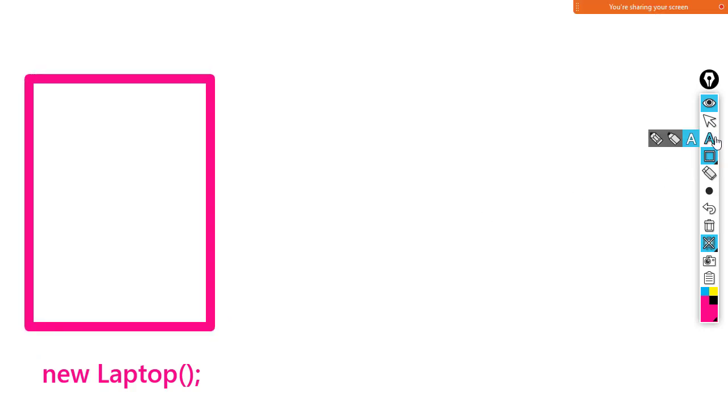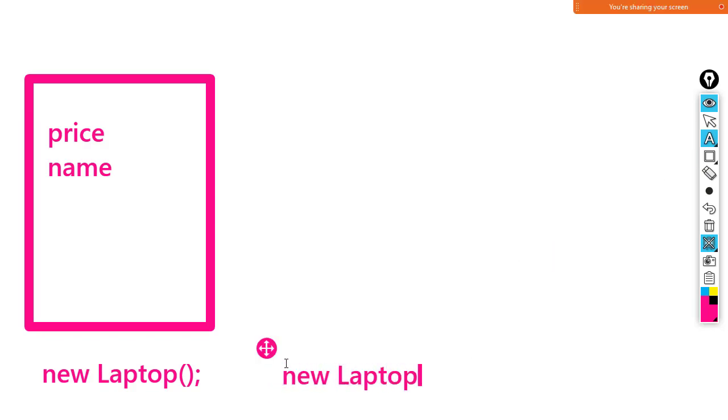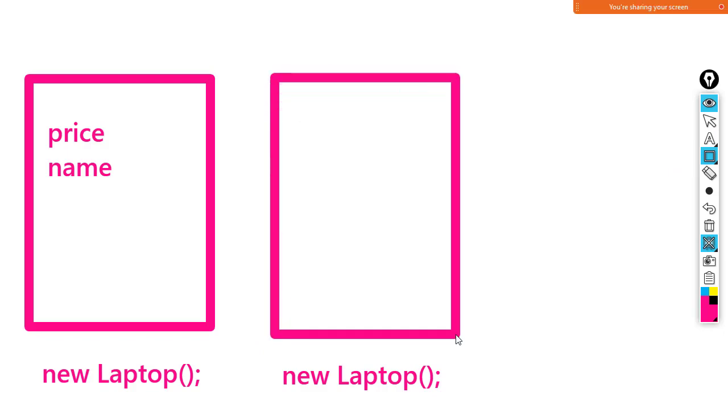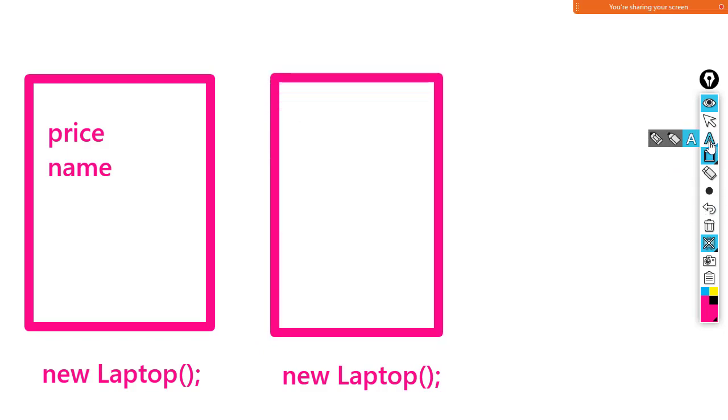For example, there are two things, price and name. Now there is another thing being written again, that is new Laptop. So again a new object would be created. This means that the things that we had earlier are also getting generated again. The memory is being blocked again.